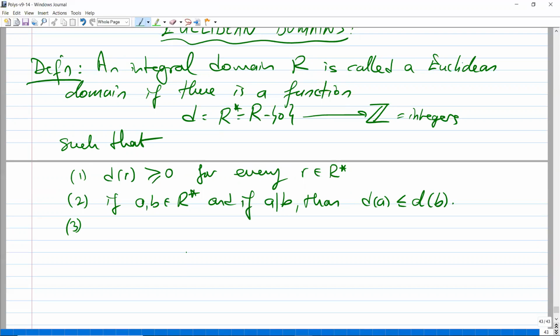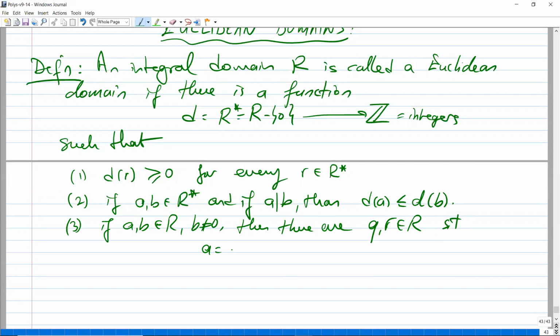And the most important property is that if a and b are in R, with b not 0, then there are elements q and r in R such that a is equal to b times q plus r, namely the division algorithm, such that either r is equal to 0, or if r is not 0, then d of r is less than d of b. Remember, d is defined for non-zero elements of R.